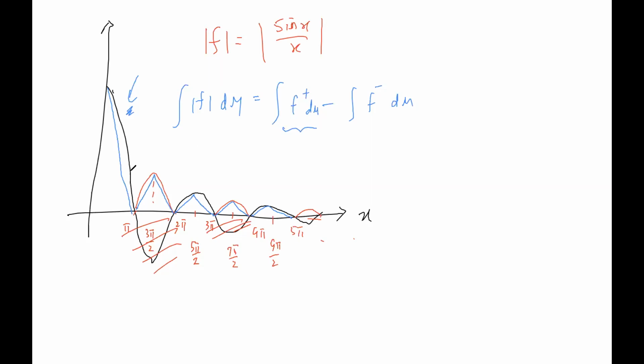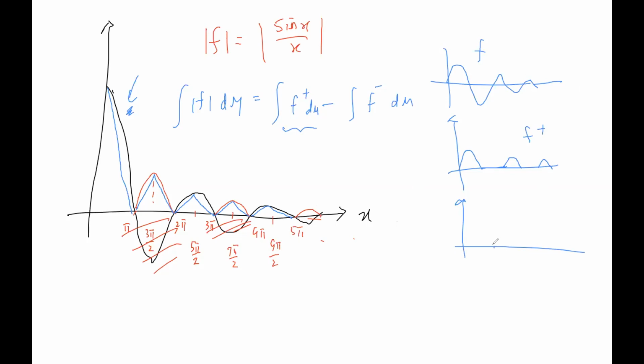So in this case, let's sketch out the positive part. So your function is like this. So this is your f. So your positive part will be this. It's your f plus, and your negative part will be this.